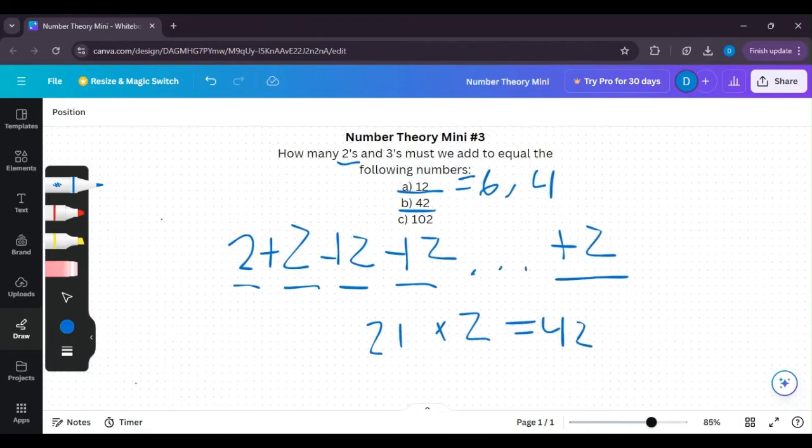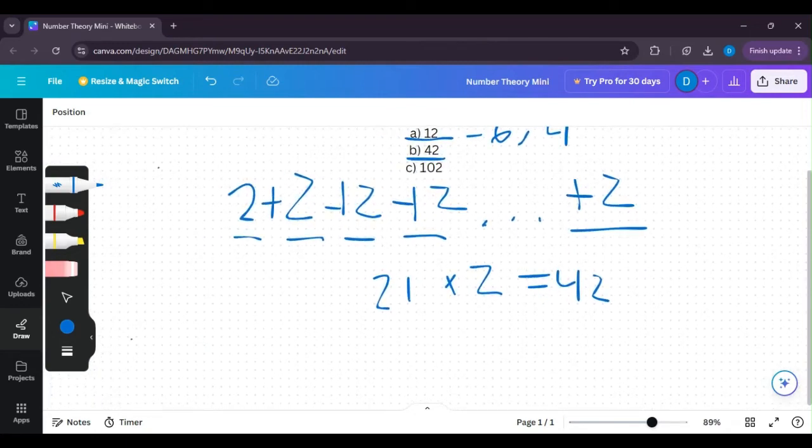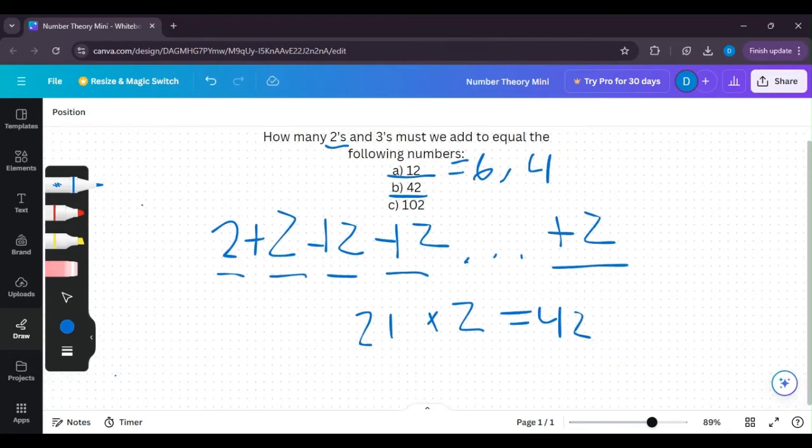And you can write it all out, and you can see that when we add it all up, we use repeated addition. It's just 21 times 2, or 2 plus 2 plus 2 all the way for 21 times. And so we know that there are 21 2's.